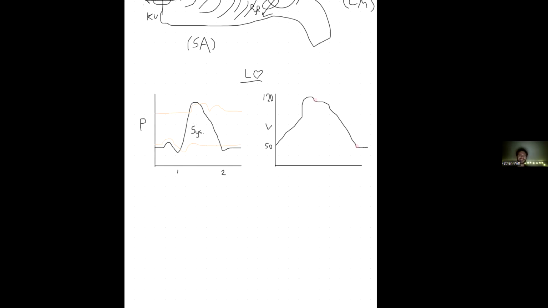Here we go. So before you see two graphs representing pressure in the left ventricle, and volume as a function of time. That's our x-axis here. We see pressure being built up in the left ventricle, in the left atrium, represented by this different color, and also what's going on with the aorta.